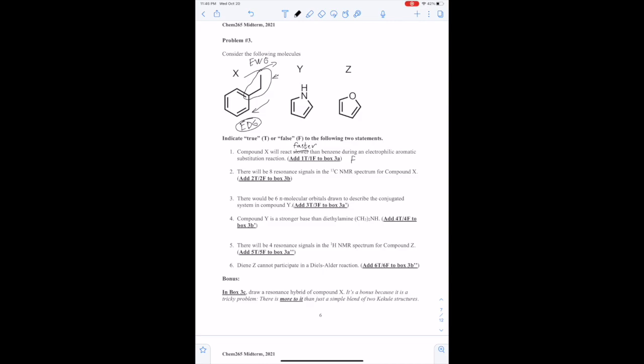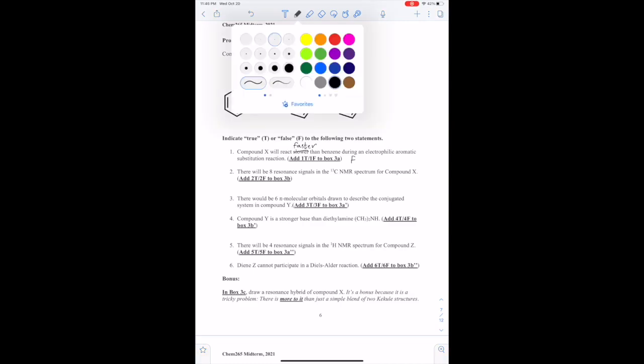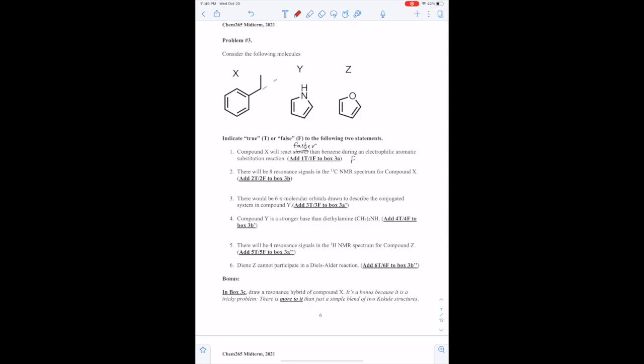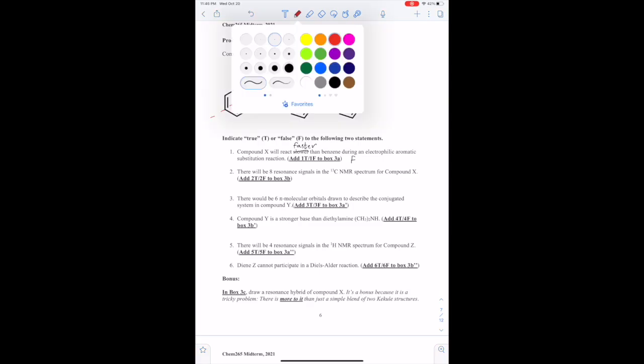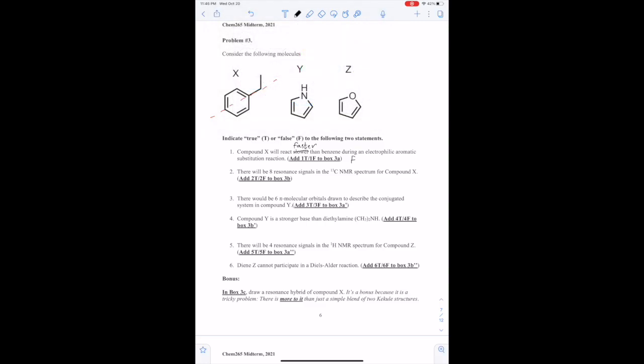Okay, so the second one is there will be 8 resonance signals in the 13C NMR spectrum for compound X. All right, let's look at that. So whenever we're assigning NMR, we always need to look for symmetry, because if you don't, you're gonna mess up. Okay, so 13C NMR, we want to label the carbons. So there's 1, 2, 3, 4, 5, 6.